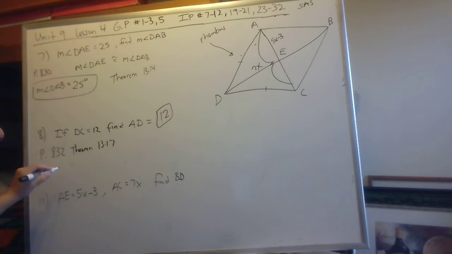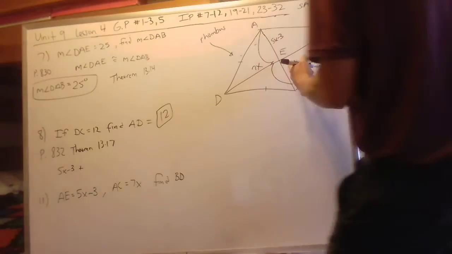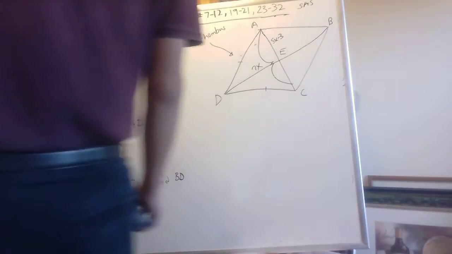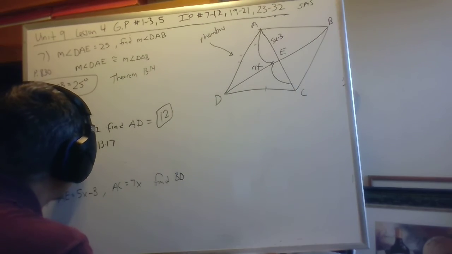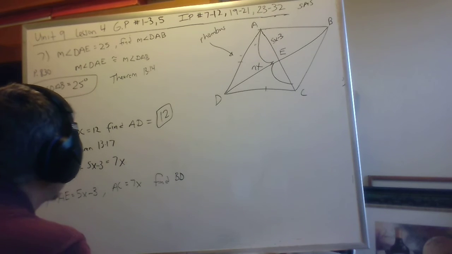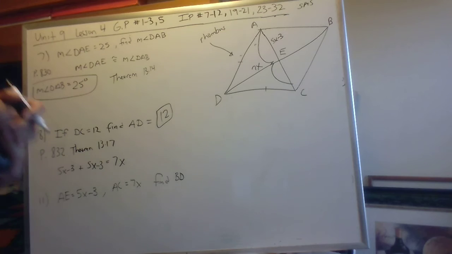So since we have 5x minus 3, EC is going to also be 5x minus 3. So what we could do is just add another 5x minus 3, and that's going to equal 7x. And that's because that's what the property states.